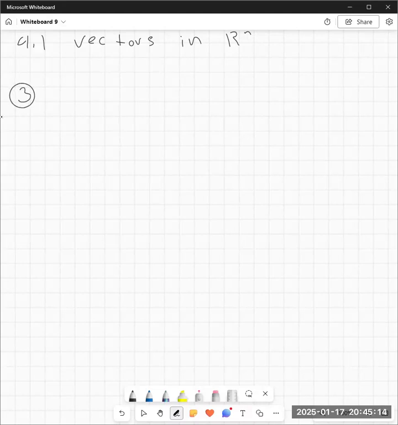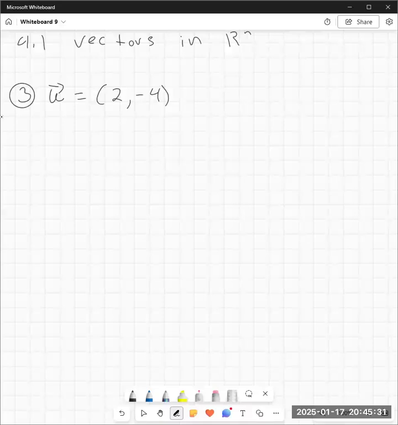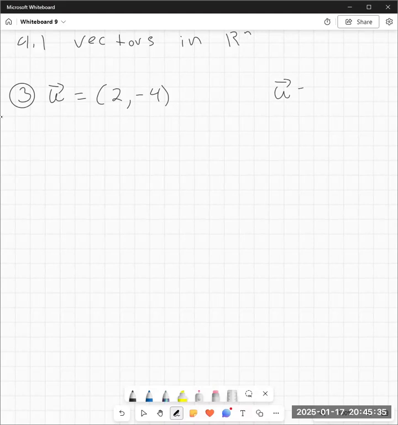So let's start with problem number 3, and it's the vector u is equal to... and in this class we'll use the parentheses to denote a vector. In Math 265, we would write it this way with these brackets, just so that they don't get mixed up with ordered pairs.